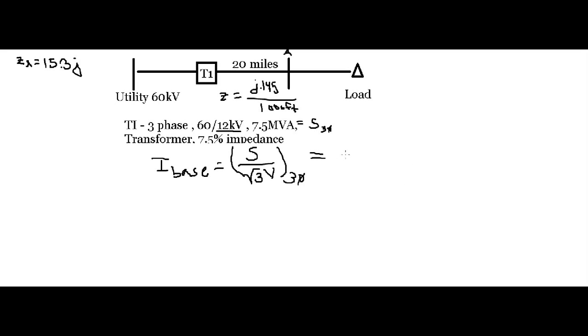That is equal to 7.5 times 10 to the 6 divided by the square root of 3 times 12 times 10 to the 3, and that gives you 360.8 amps.